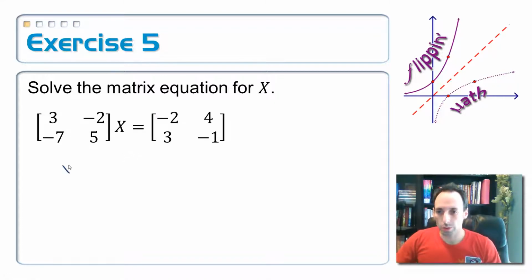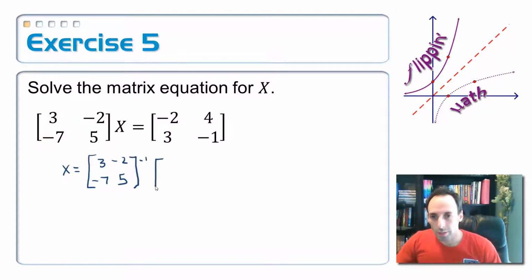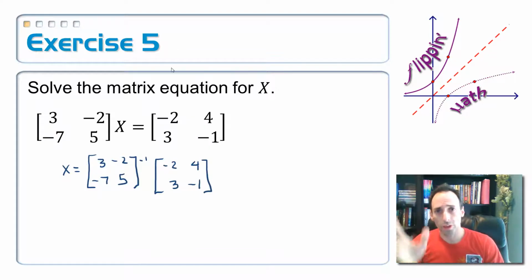X is going to be equal to the inverse of [3, -2; -7, 5], which I write with a little negative 1, times the matrix on the right-hand side of the equation, [-2, 4; 3, -1]. Notice that I multiplied on the left-hand side, because I would have multiplied the left side of the equation on the left-hand side as well.